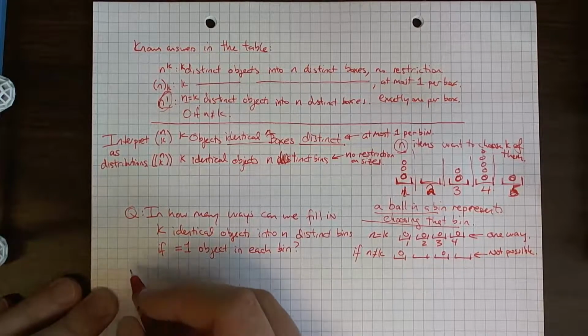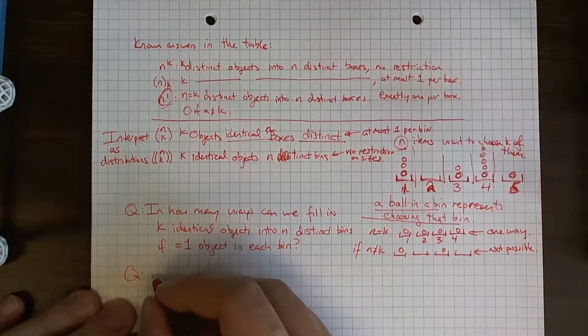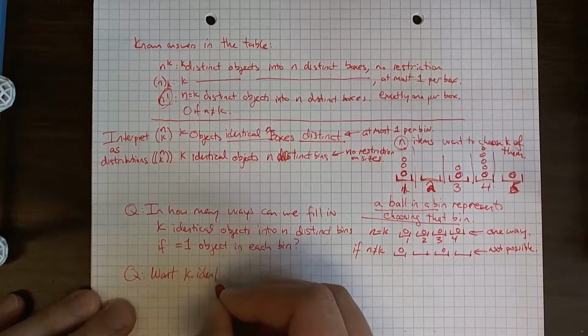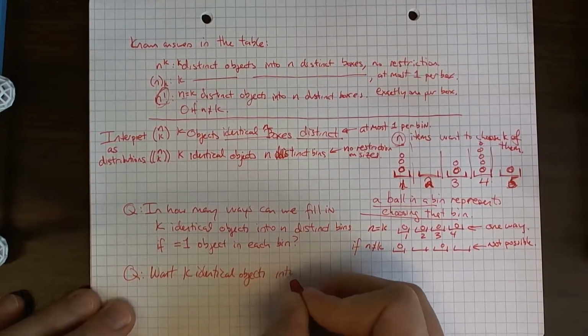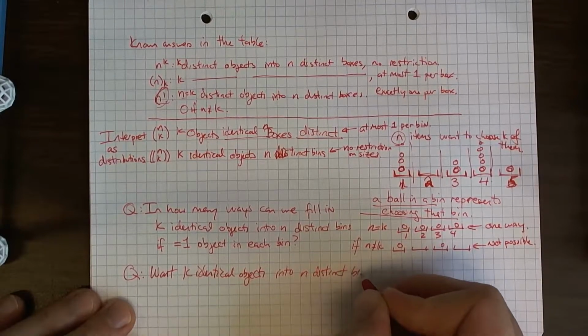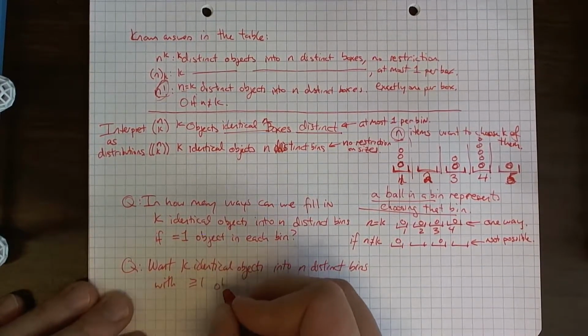Okay, there's that box. And the last one in this row is, let's say we want k identical objects into n distinct bins with at least one object per bin.